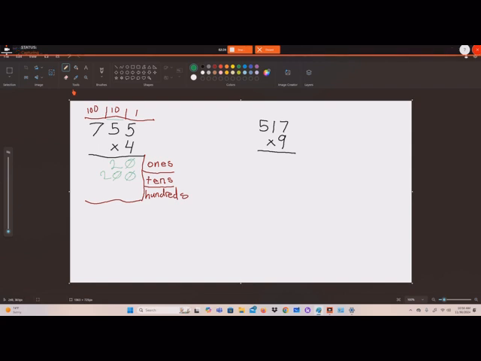Then, since we're working with the hundreds, I know my lines could be straighter, but that's just how it is. I'm not very good at straight lines. 4 times 7 hundredths, 28 hundredths.